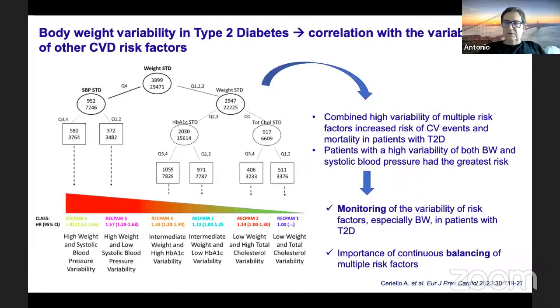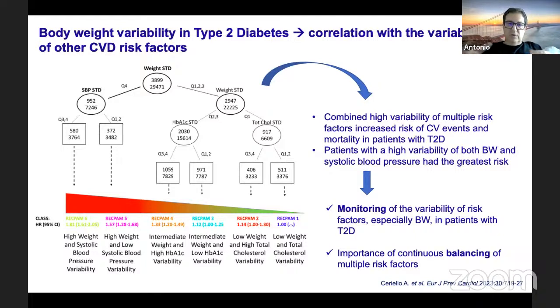And we found that body weight variability emerged as the most important risk factor in terms of ranking. You see here that the fourth most important was body weight variability. Then the second step was when body weight variability was associated with systolic blood pressure variability.